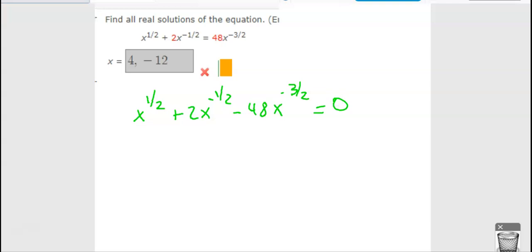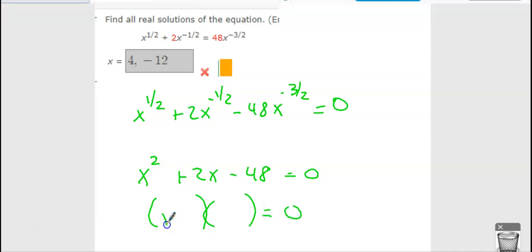And now the objective, just imagine if this was x squared plus 2x minus 48. See, that makes life easy then, because then we can just factor. Then it would just become x plus 8 and x minus 6, and then we can solve it after that. Now, how can I go from this step to that step?